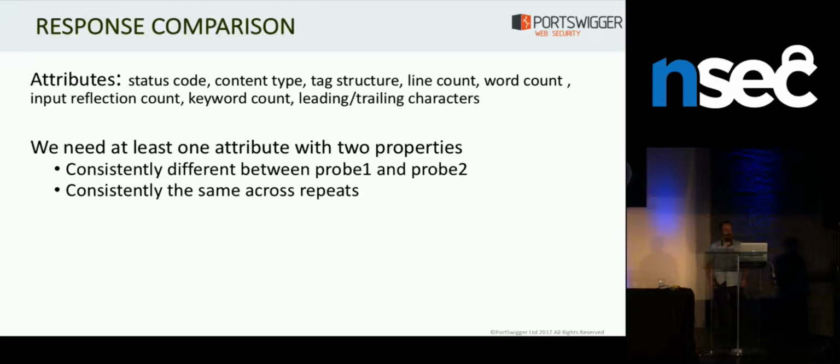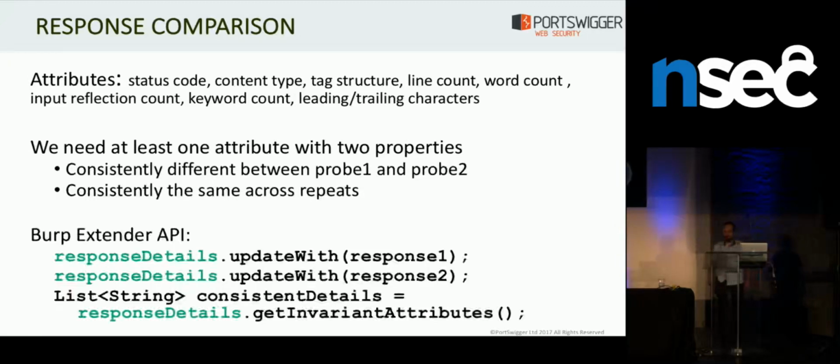But it also needs to be consistently the same for a given probe across repeats. And that technique's really, really effective. We've actually put an API in Burp so that you can use that technique very easily if you want to. The most important thing to note from this slide is that at no point do we predict what effect a specific payload will have on the application. We're just looking for any kind of consistent difference.